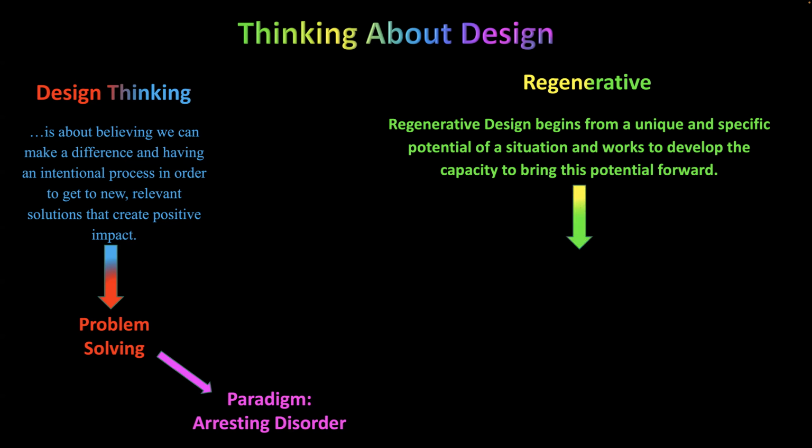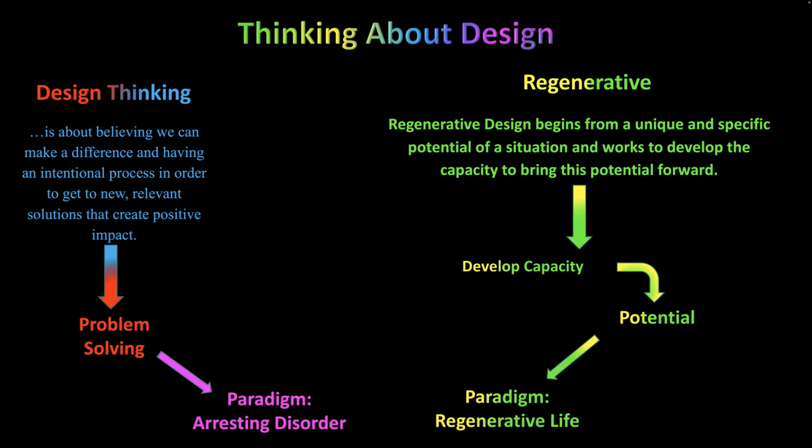This leads into the idea of developing capacity from the point of view of looking at what is the potential that we are seeing within this community, and therefore the paradigm you're working from is the regenerative life paradigm.